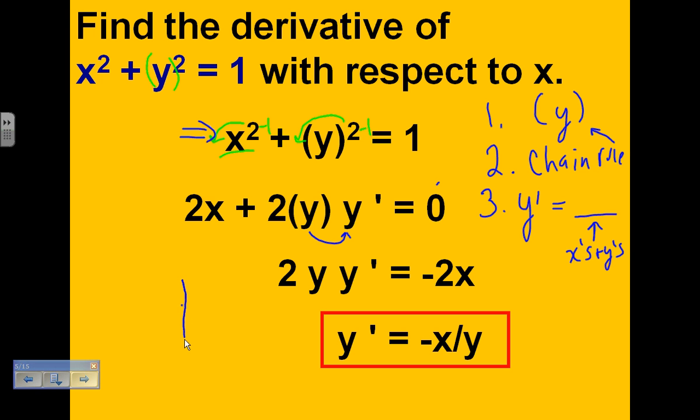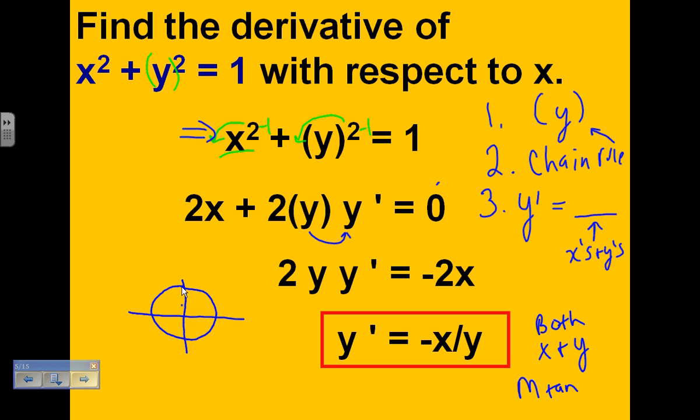If you're going to find the slope anywhere on this circle, that's tangent, you have to use both x and y to find the slope of the tangent line. Even though it's not a function, a graph can still have slope at a point.